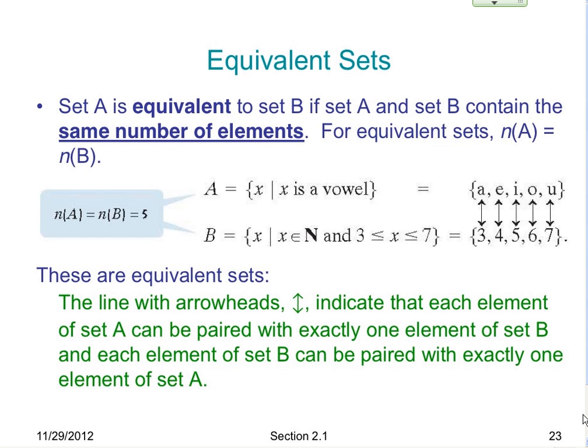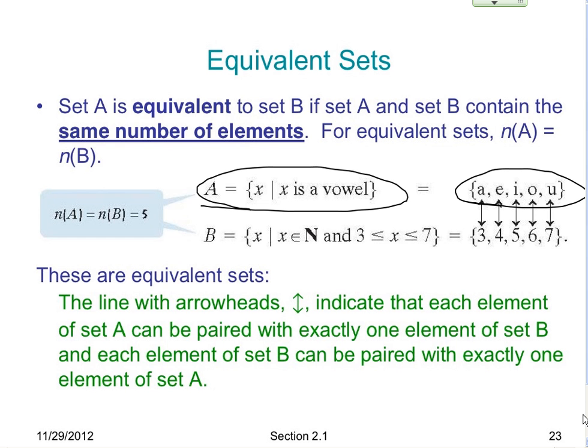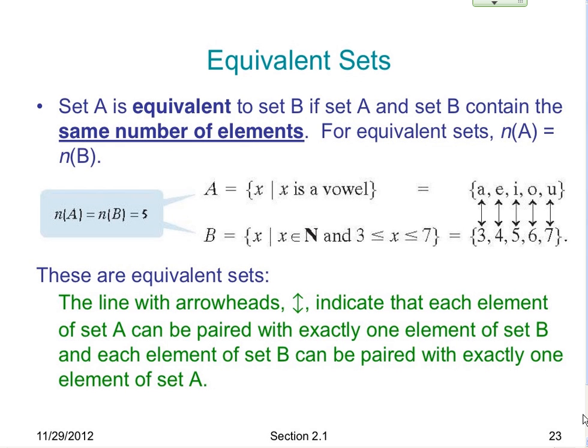So, looking at this example, we have the set A is the set of all x such that x is a vowel. If we were to list them out in roster method, we have A, E, I, O, and U. We have the set B, set of all x such that x is an element of the natural numbers, and 3 is less than or equal to x is less than or equal to 7.